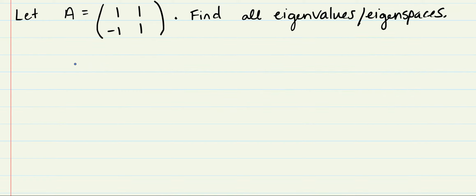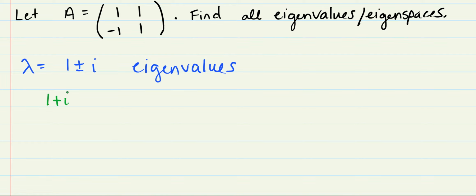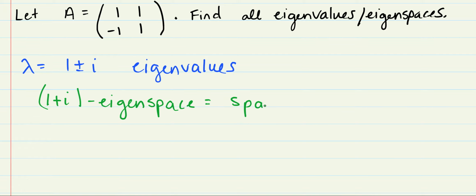Okay, so we said that lambda is equal to 1 plus or minus i. Those are our eigenvalues. And we said that the 1 plus i eigenspace is the span of this vector.